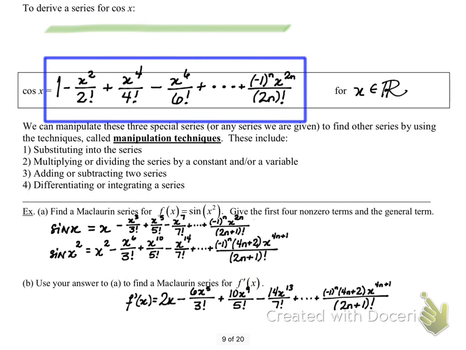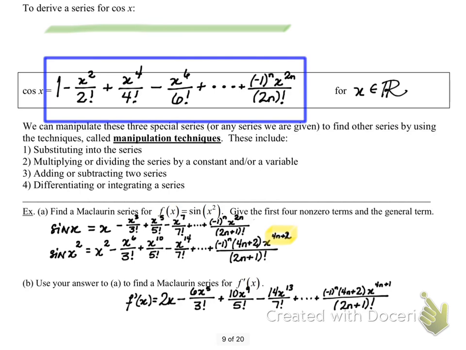Then on this next step, this should have been 4n plus 2. So there was another mistake. Make sure you fix that in your notes. So that should read negative 1 to the n times 4n plus 2 times x to the 4n plus 2 all over 2n plus 1 factorial. Then this final expression is correct. I just got confused in my notes and was looking at the wrong place.